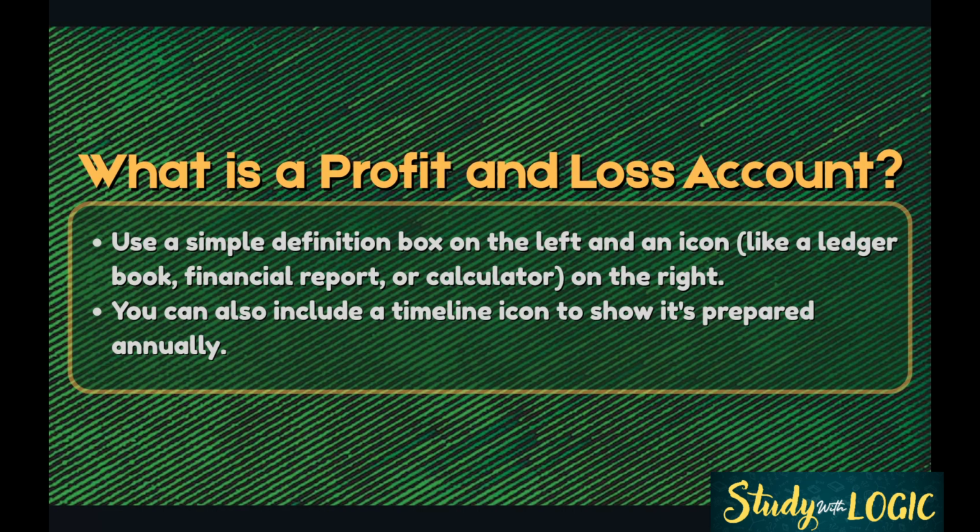And on the credit side, it shows all the indirect incomes like rent received or interest earned, basically the money that comes from sources other than direct sales. At the end, the difference between the total income and expenses is calculated, and that results in your net profit or net loss, which is then transferred to the capital account.